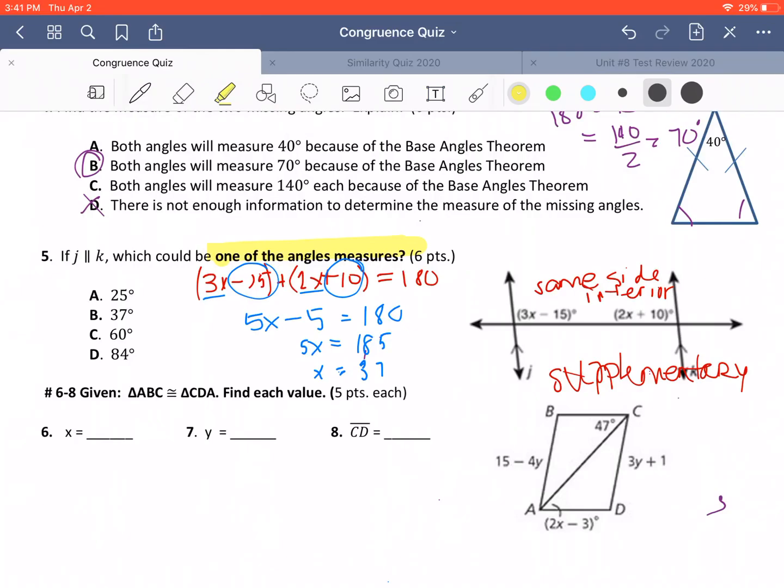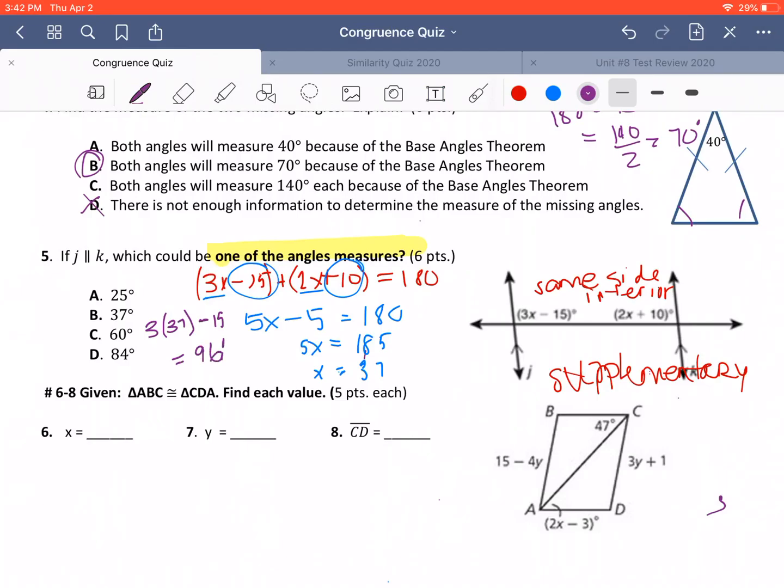All right, so we've got to plug it back in. It says one of the angles, so I'm going to plug it in for 3x minus 15. So 3 times 37 minus 15. If I put that in my calculator, I get 96 degrees.